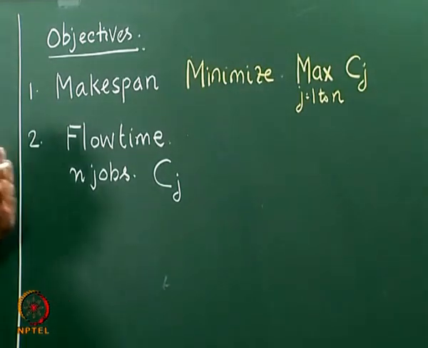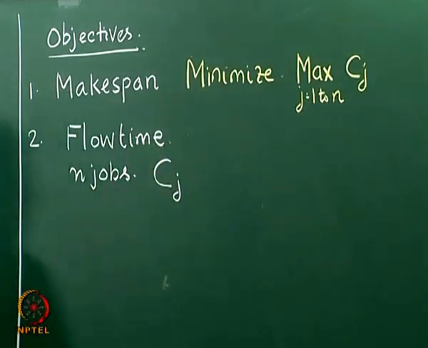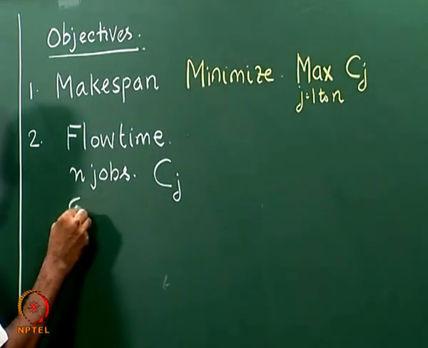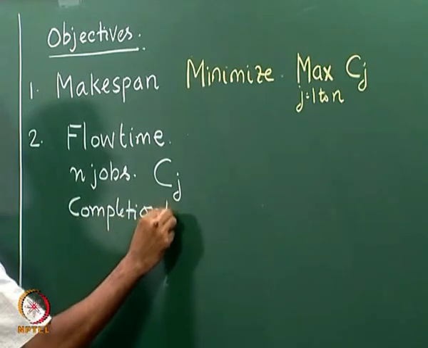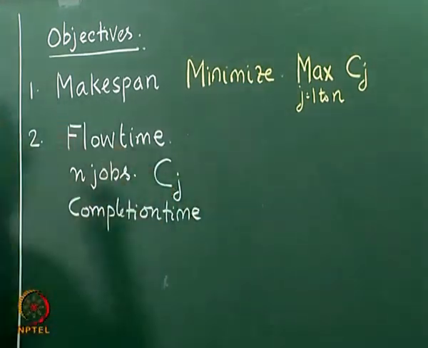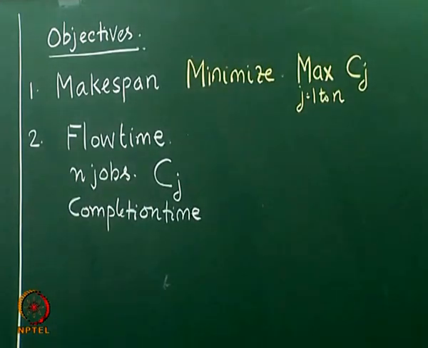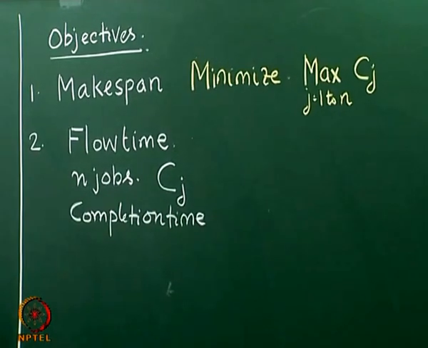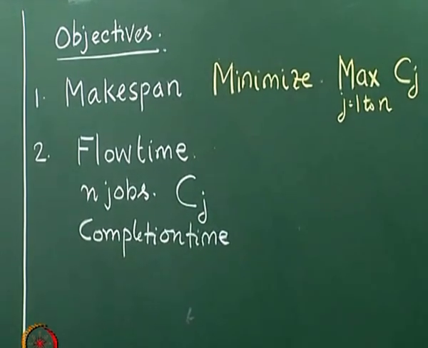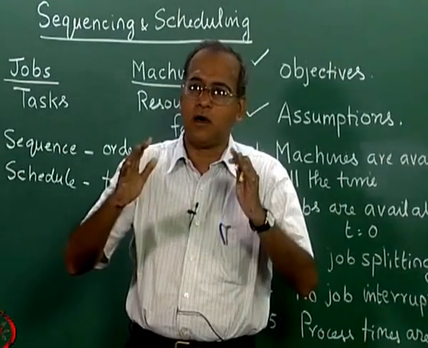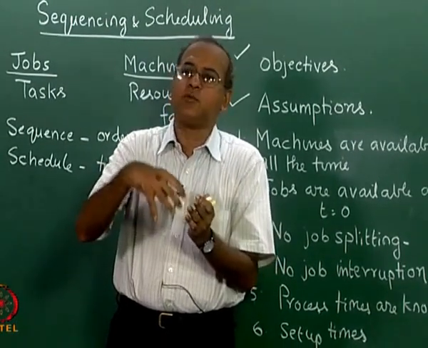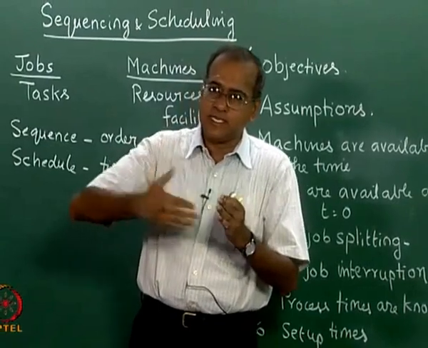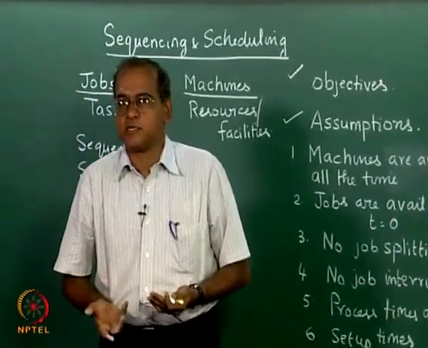Now, each job is completed at time Cj. So, the completion time is called Cj. Let me write flow time as well as completion time. Here all of them start at time equal to 0. In some sense we want all the jobs to be completed individually, but we want the completion time of each one of the jobs to be as small as possible.